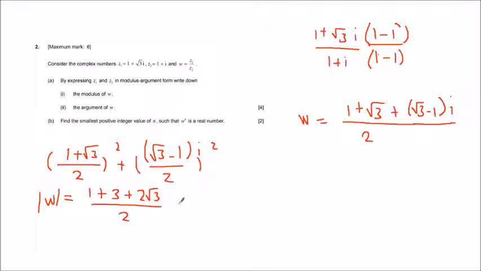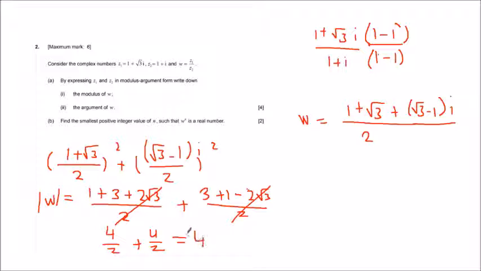And then this is equal to, you don't square the i, so square root of 3 squared is 3, and then 1 is just 1, and this gives you minus 2 square root of 3. So the modulus is actually pretty nice. It simplifies to 4 over 2, and then we can cross these off, and then what we'll get is 4 over 2 plus 4 over 2, which is 4.